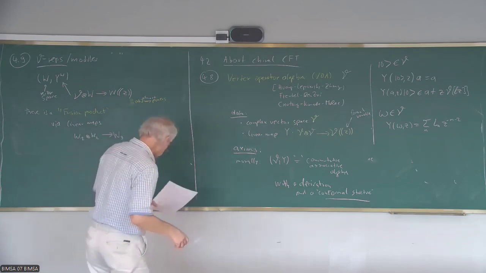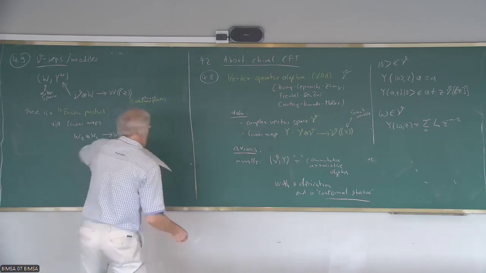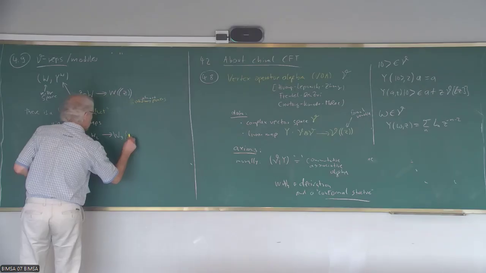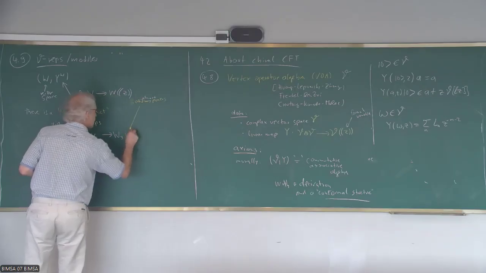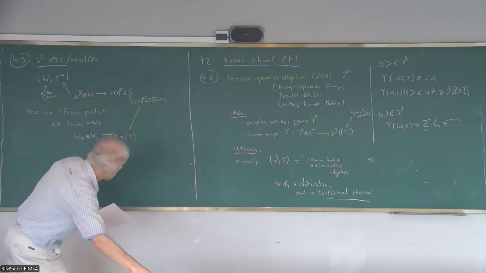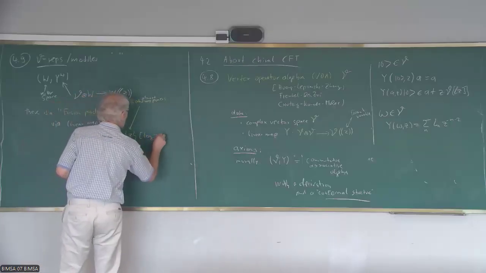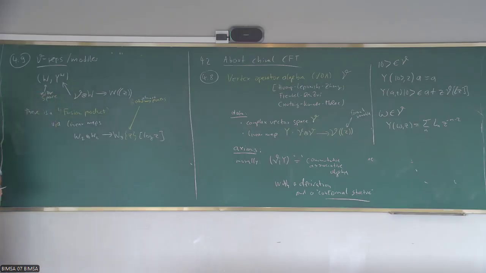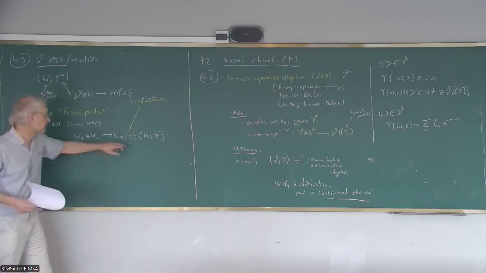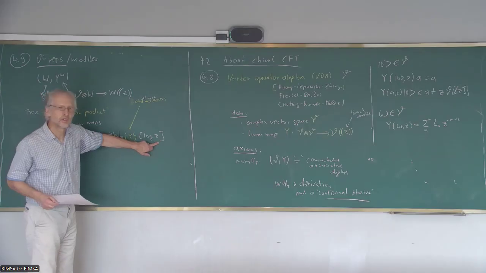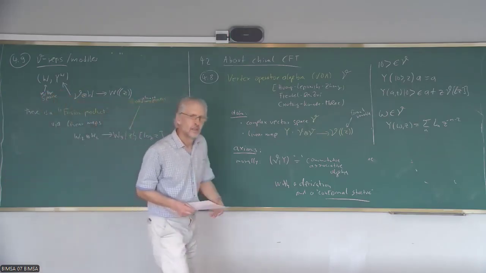But now in this case, I allow really for arbitrary powers, and this one indicates by a curly bracket. And in addition, these are polynomials in some additional formal variable.